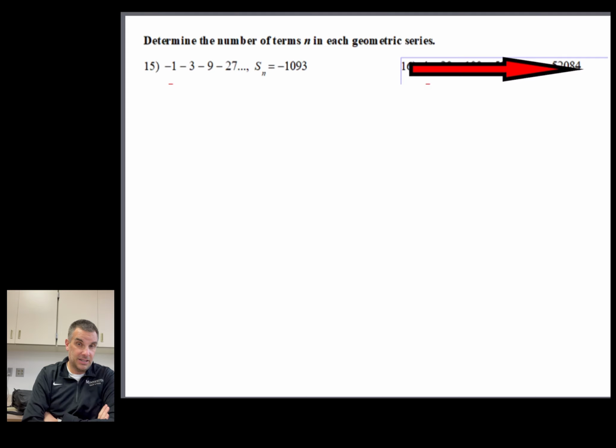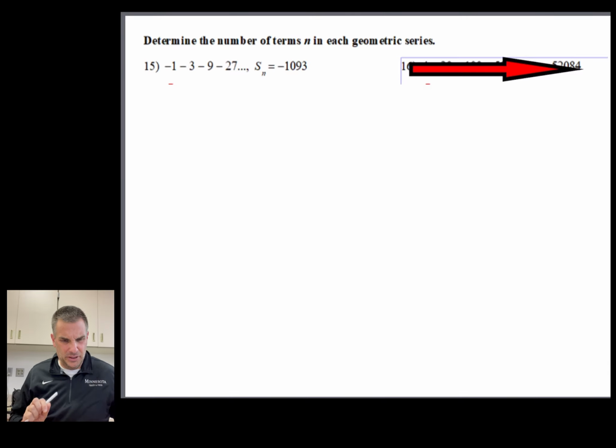So they're giving us the series, they're giving us the sequence to a point, and then they're giving us the sum of them is -1093, and it wants us to find out what our n value is. Okay, so let's think about this.